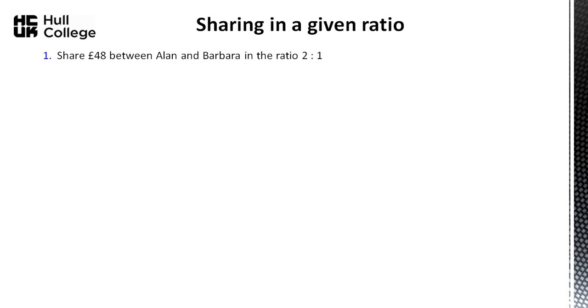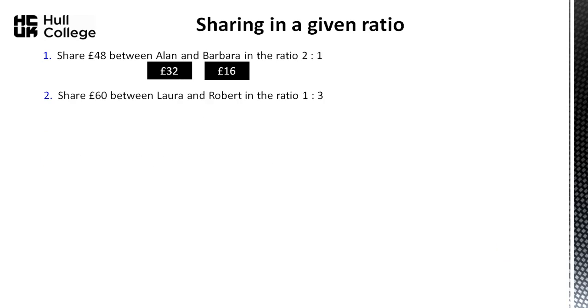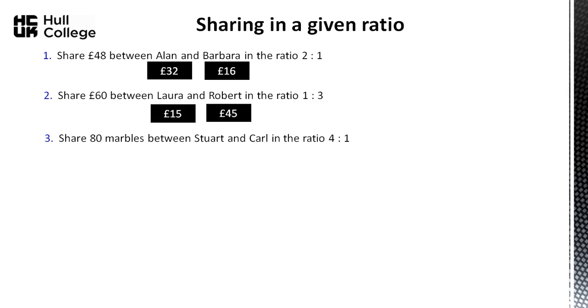Now it's your turn. Share £48 between Alan and Barbara in the ratio 2:1. The first answers are given for you. Question 2. Share £60 between Laura and Robert in the ratio 1:3. Question 3. Share 80 marbles between Stuart and Carl in the ratio 4:1.